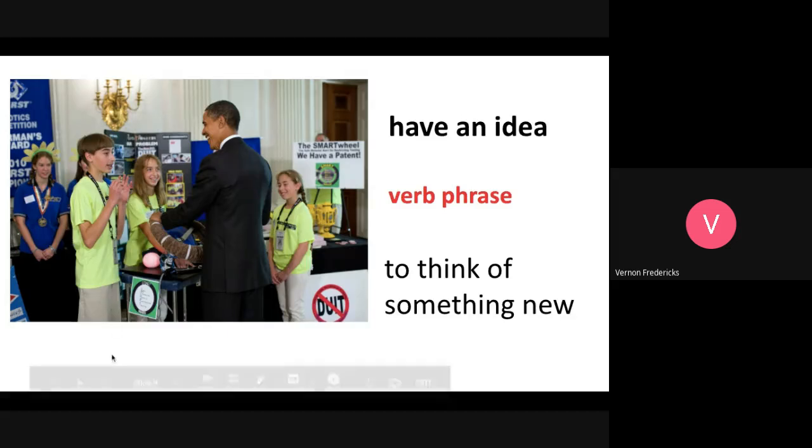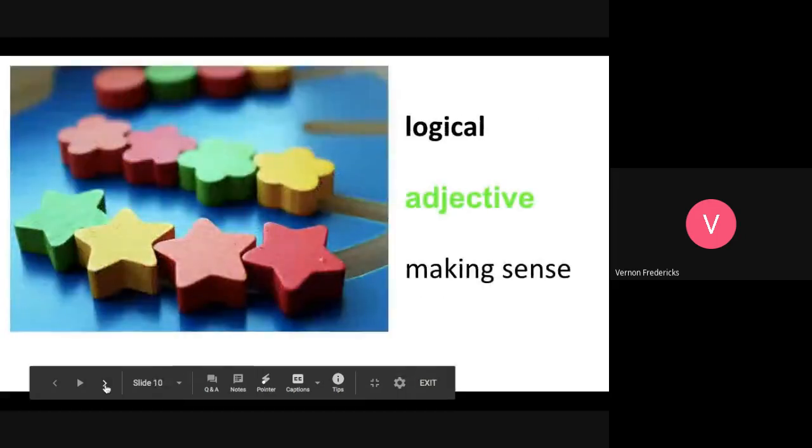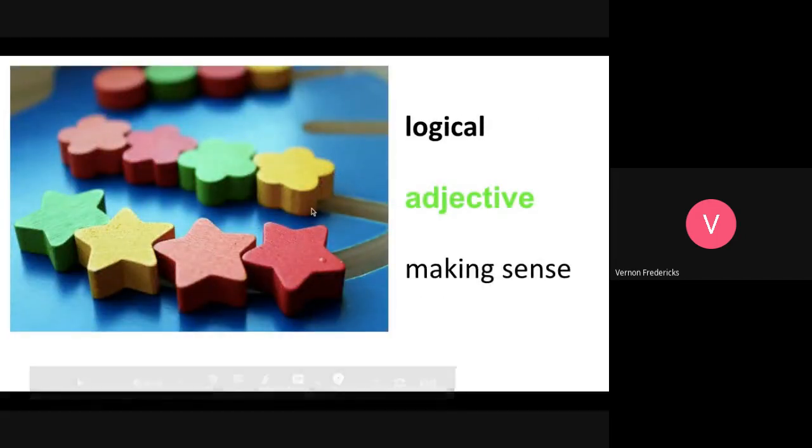Next word. Logical. Logical is an adjective, something that makes sense. Ali thinks logical, or Ali is logical. Ali thinks about how things work. So Ali usually is logical. It's something that makes sense for him.